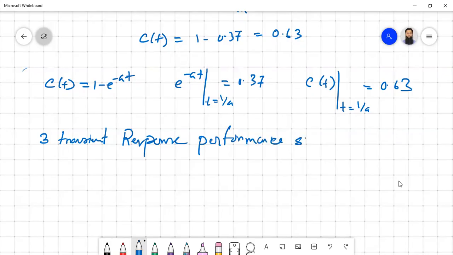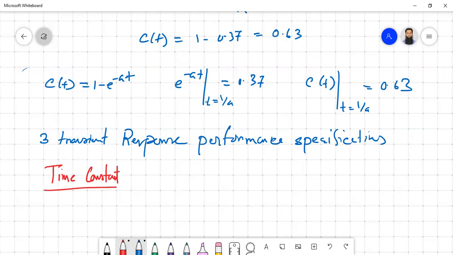First one is the time constant. So time constant is basically 1 by a. So 1 by a is defined as the time constant.